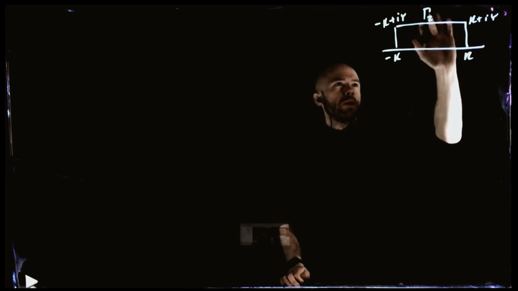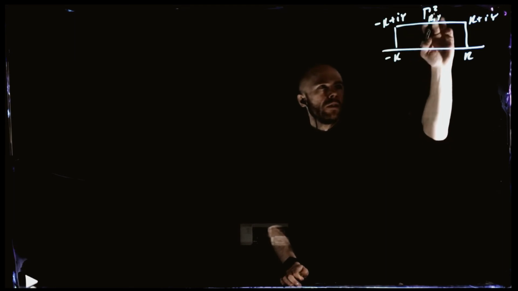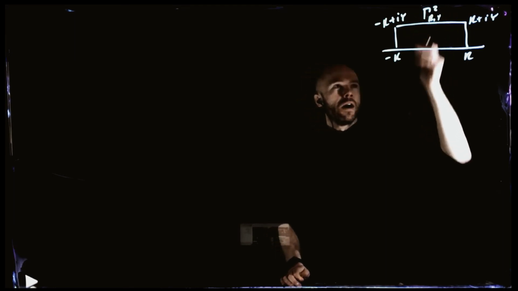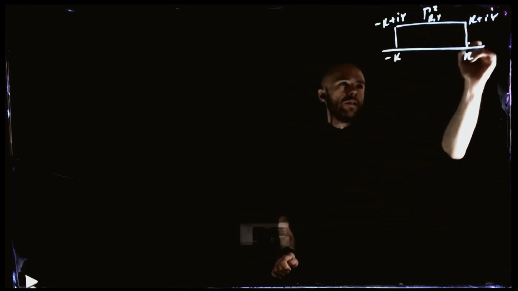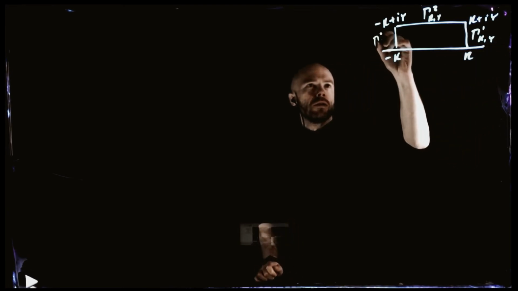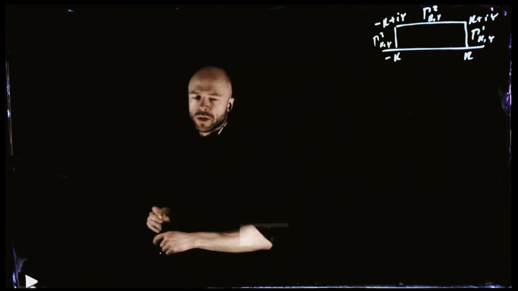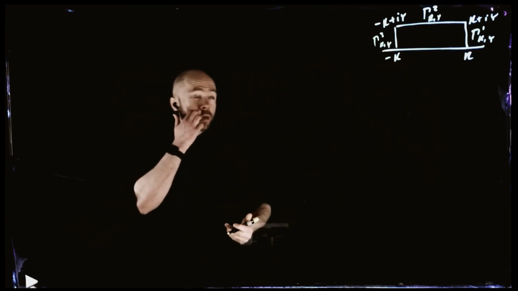I don't know which way around we put it. Anyway, this is gamma 2 of ry, this part right here, and this was gamma 1 of ry, and this was gamma 3 of ry. So gamma 1 and gamma 3 we are happy with. Now we want to think about gamma 2.